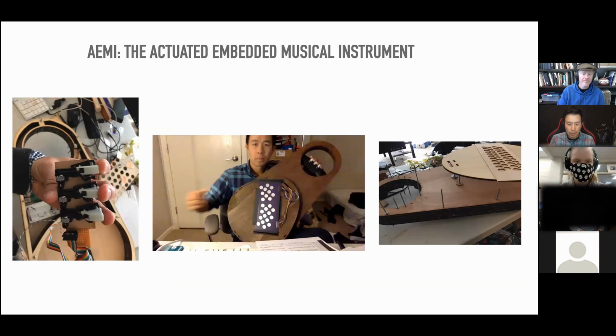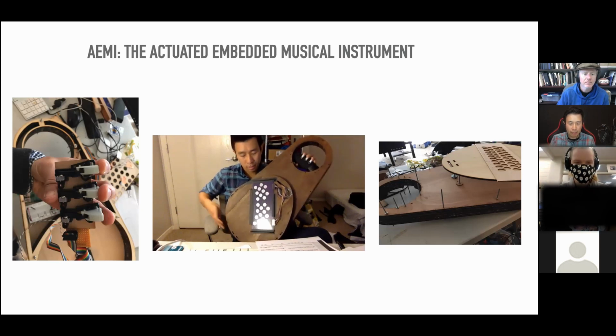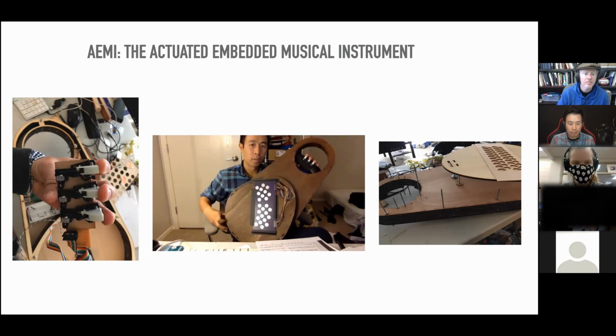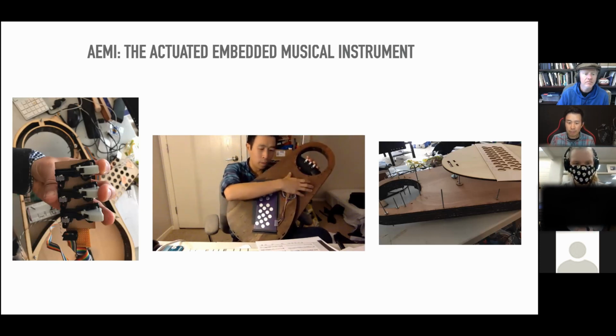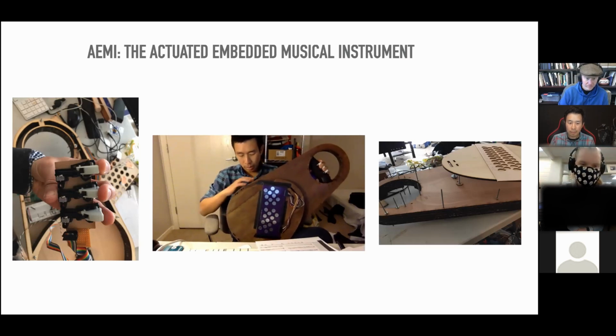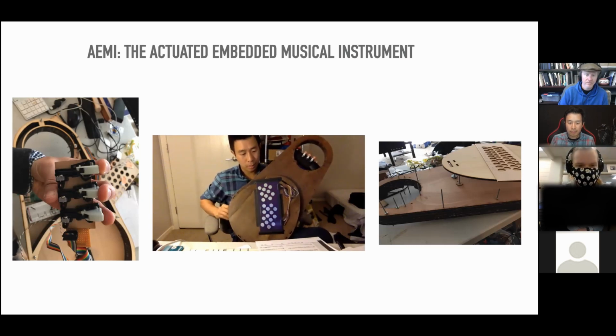This is some early shots of what it looked like. It uses AMI, the actuated embedded musical instrument, capacitive touch, some game controllers, accelerometer, embedded electronics, and all the sound comes from the body itself. There's an amplifier knob here that increases the output.